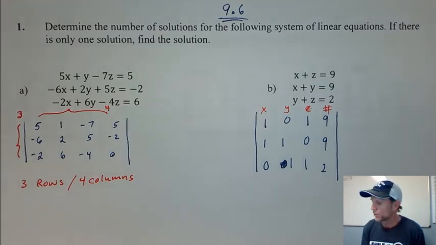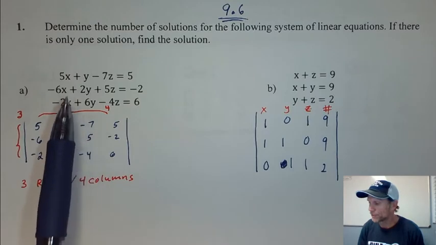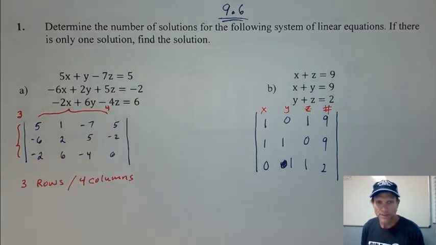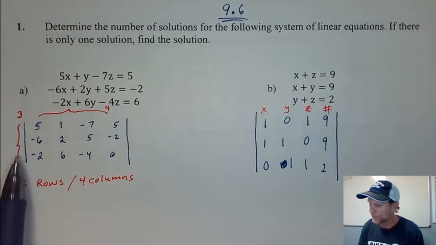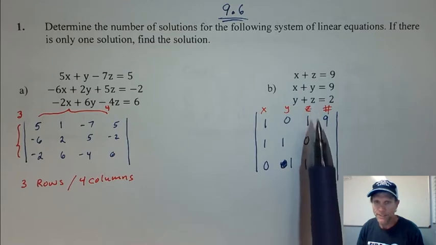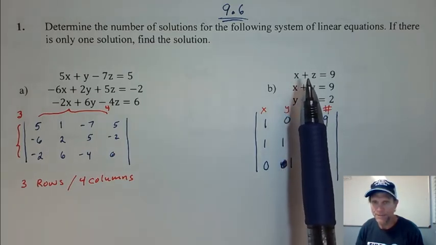Okay, so you can see I set one of these up here, and I just took off the coefficients because the x, y's, and z's were lined up. This is 3 rows by 4 columns. Okay, and then here on the second one, you have to be kind of careful because they leave some of the values out.